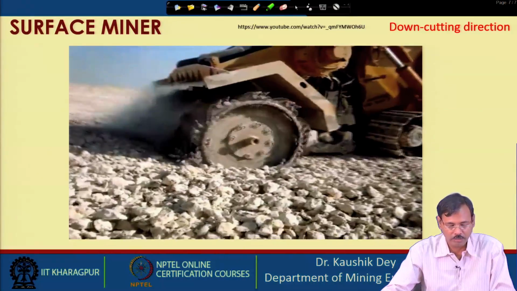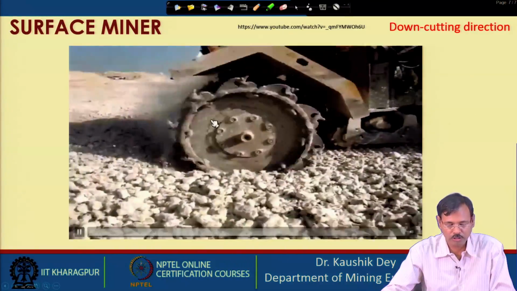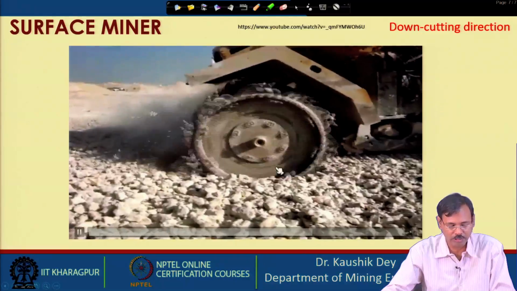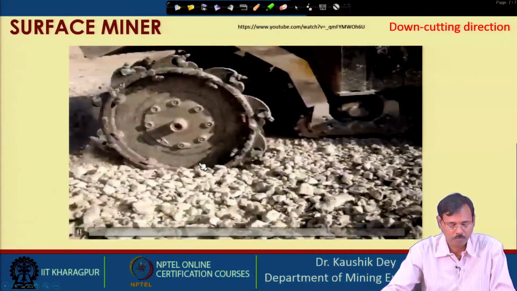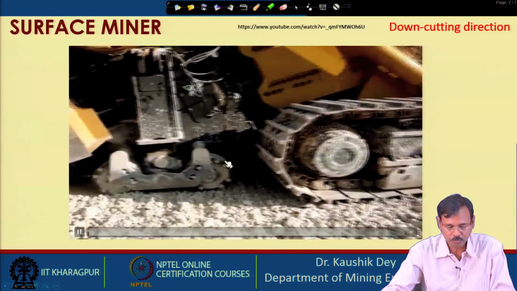The problem in this case is that crushing is not possible, because there is no encasing of this cut material. The cut material is basically thrown back in the cutting direction, and that is why somewhat larger lump size boulders are produced here.